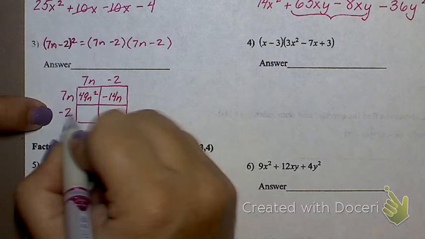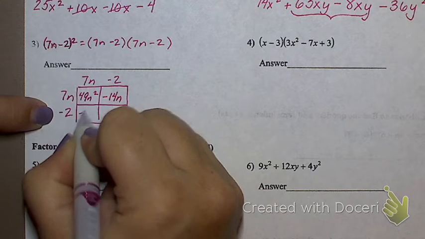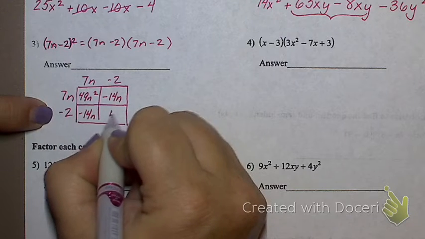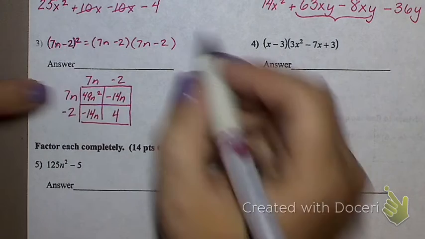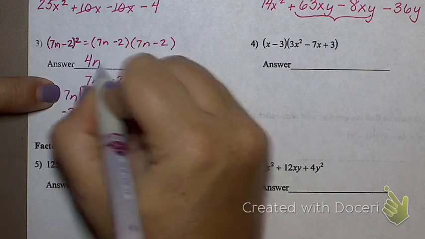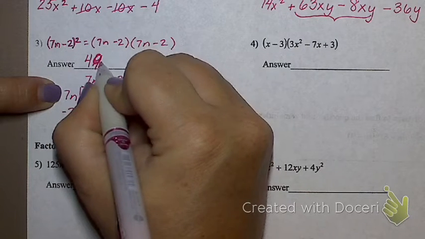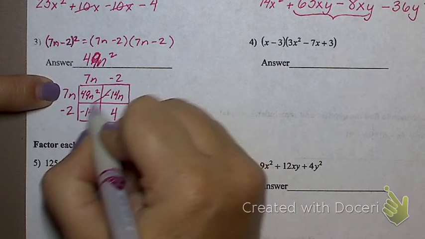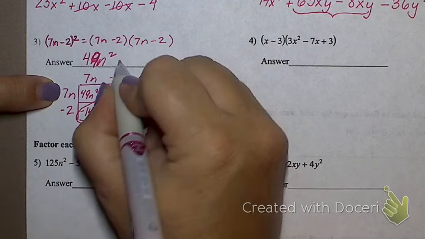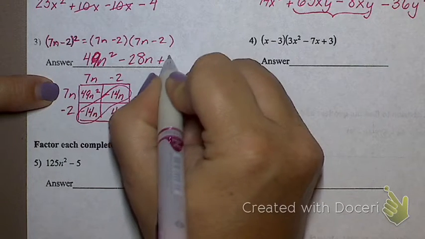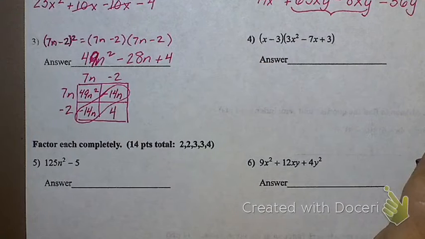Negative 14n. Negative 2 times 7n? Negative 14n. Negative 2 times negative 2? Positive 4. So, 49n squared. And then what have I got for n's? Negative 28n, and then plus 4.